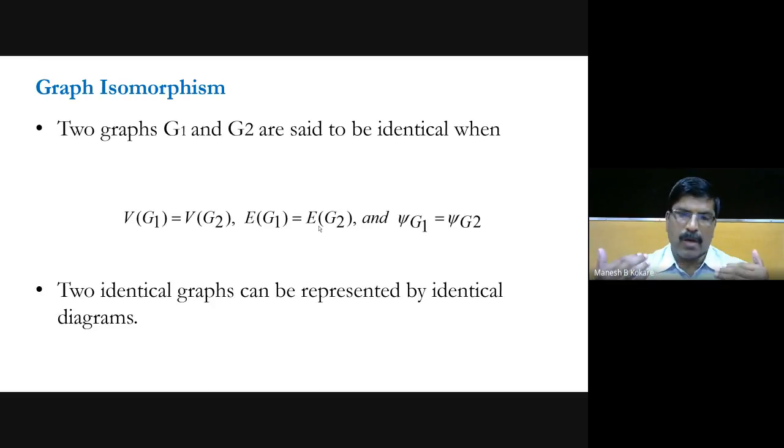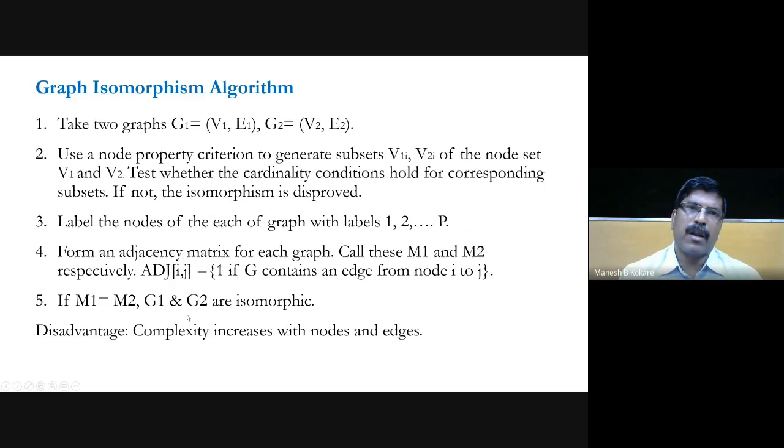The third thing is that the incident function must be the same for graphs G1 and G2. So psi of G1 must be equal to psi of G2. Then we can say that graphs G1 and G2 are identical. Two identical graphs can be represented by identical diagrams. Now, there is a graph isomorphism algorithm.